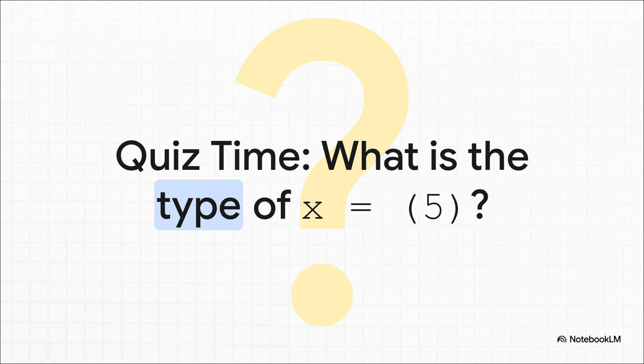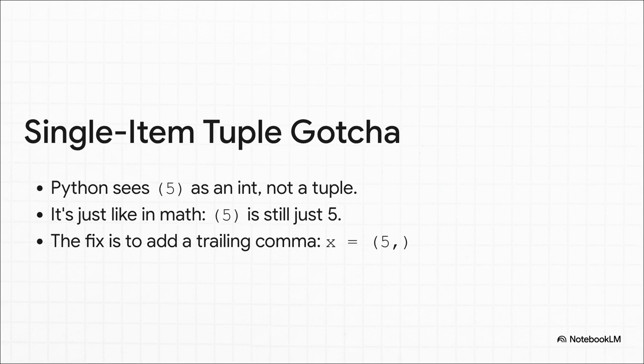All right, time for our first challenge. Take a look at this line of code. We're making a variable x, and we're setting it to 5. So, what data type do you think x is? It's wrapped in parentheses, so it's got to be a tuple, right? Go ahead, pause and take a guess, because this is a classic Python gotcha that trips up a lot of people. And the answer is, it's an integer. Kind of weird, right? Here's why.